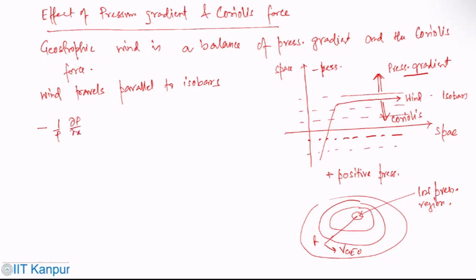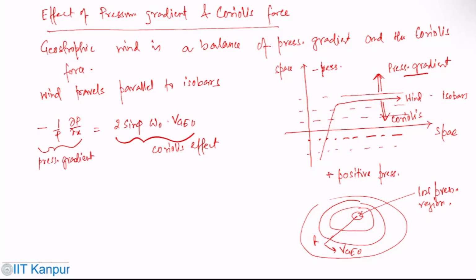The acceleration we have is 1 by rho dp/dx equals 2 sine phi omega naught VGO. This is the acceleration due to the Coriolis effect, and this is due to the pressure gradient. They balance out.